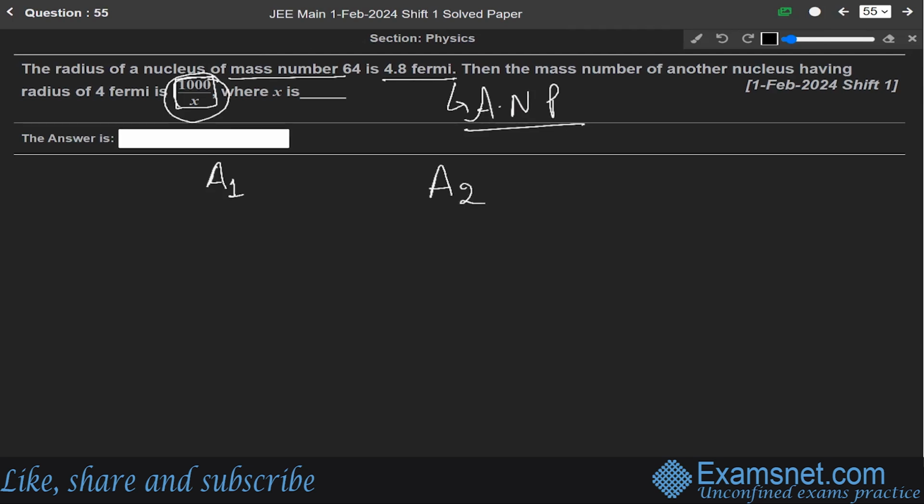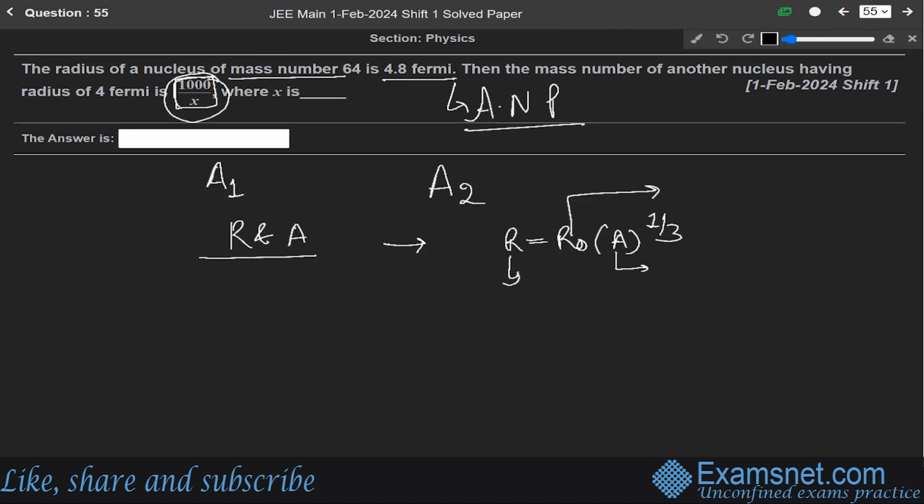We know that the relation between radius and mass number for a nucleus is R equals R naught A to the power 1 by 3, where A is the mass number, R is the radius, and R naught is a constant whose value is 1.5 Fermi, meaning 1.5 into 10 to the power minus 15 meter. 1 Fermi is equal to 10 to the power minus 15 meter.